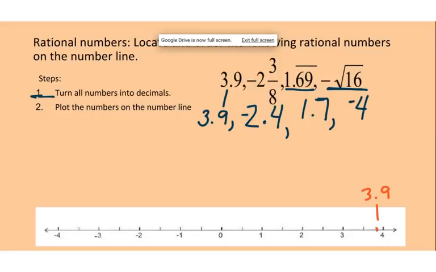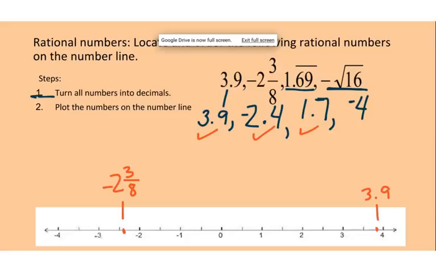Then let's place -2 and 4/10. So we go to the negative side, 2 and 5. So we're going to go a little bit before that. Sorry, that's hard for me to write on the number line. And then instead of -2 and 4/10, we're going to call that -2 and 3/8 because that was its original form. Okay, so we've got that one.